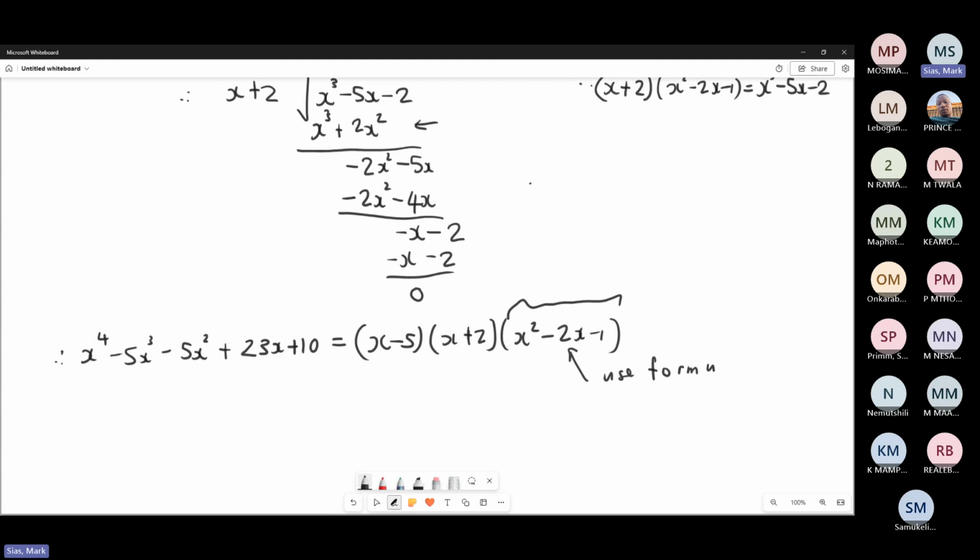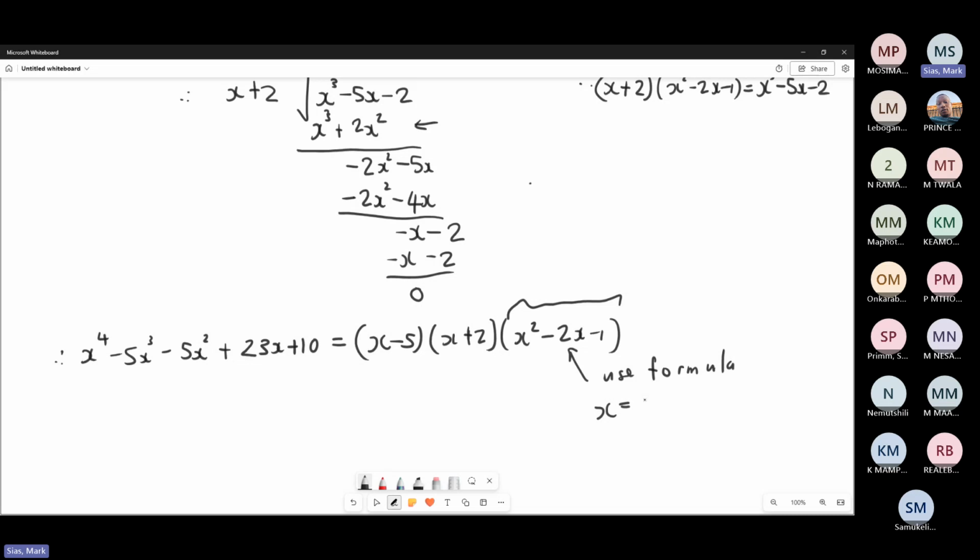You can't factorize that, right? Because the discriminant delta is not a perfect square.